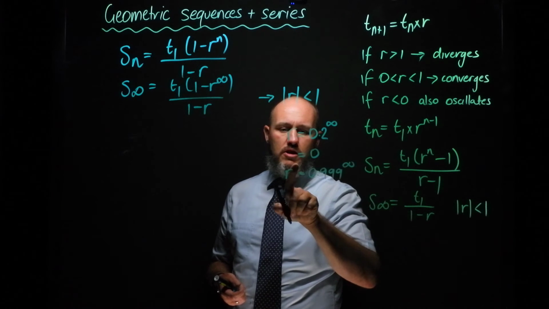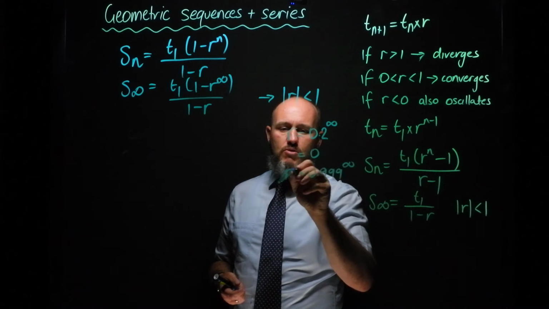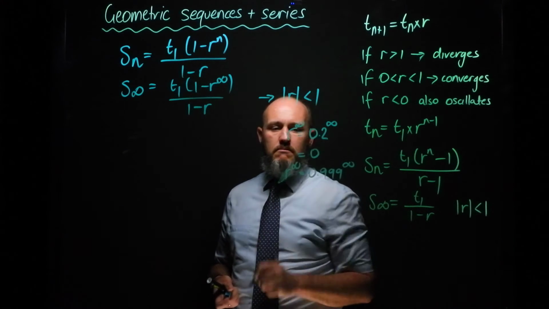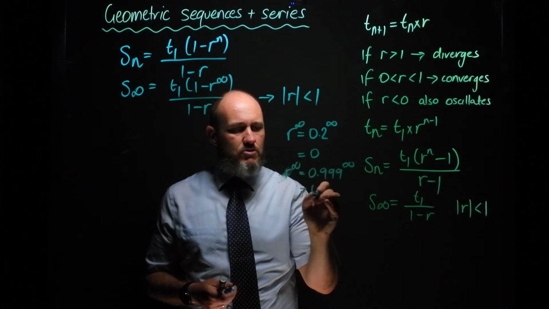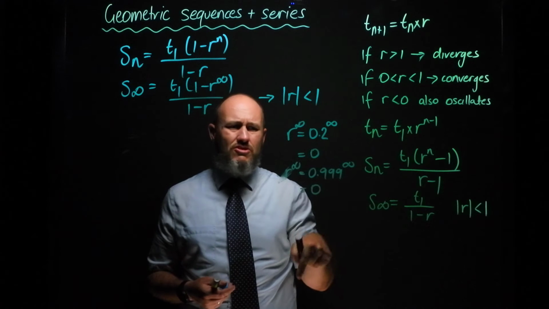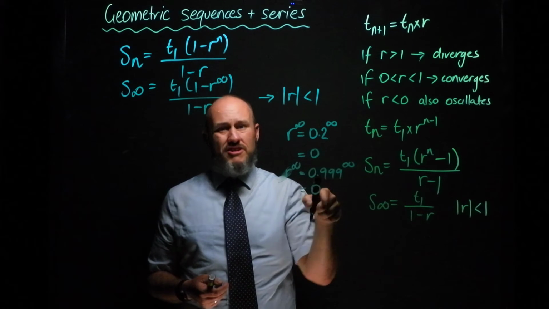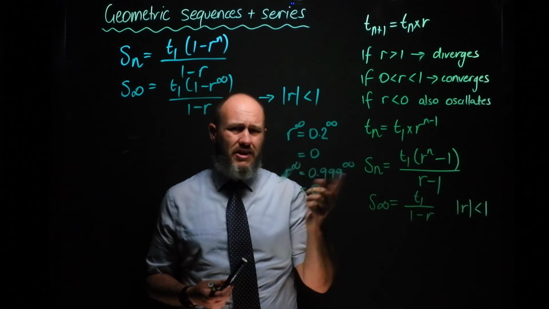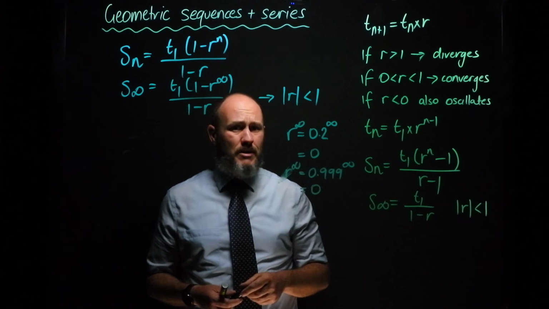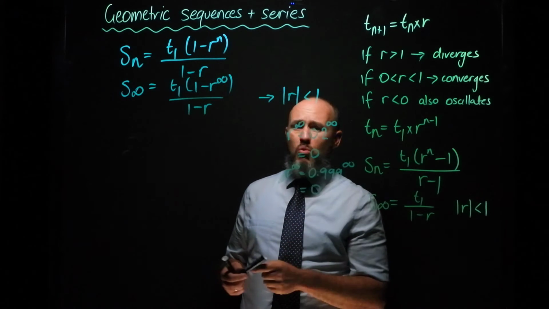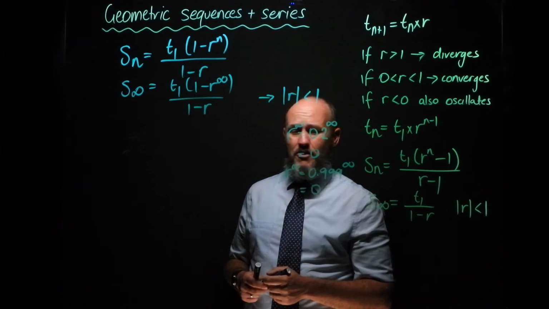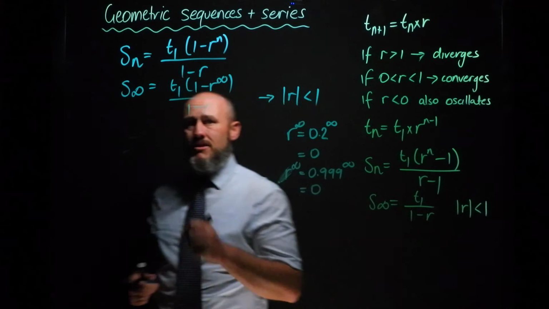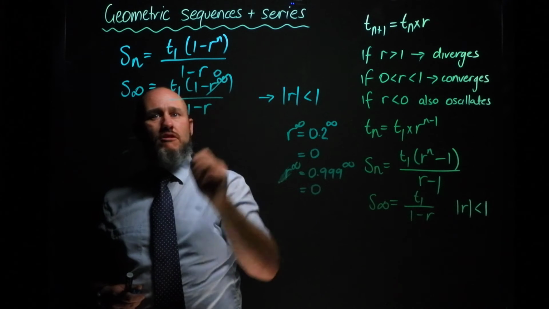And now again we're talking to the power of infinity. So I should put r to the power of infinity here. That's better. Then what happens there? Well, it turns out that's actually equal to 0 as well. It does go towards 0 slightly slower than this one, but it still goes towards 0 eventually, and infinity is a big number. So, no matter what, if the absolute value of r is less than 1, then that value to the power of infinity is 0. So it means that we can cross this out and put a 0 here.